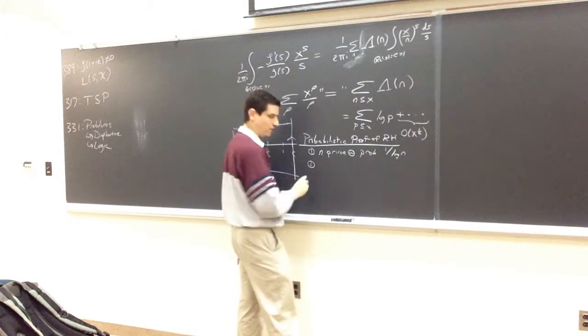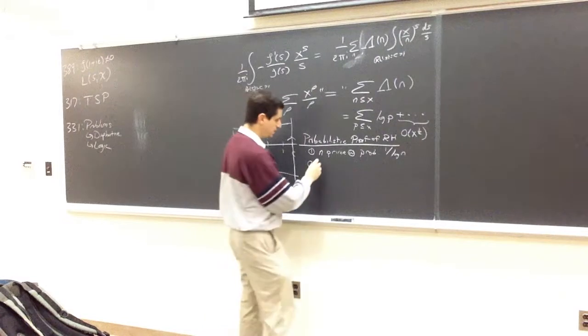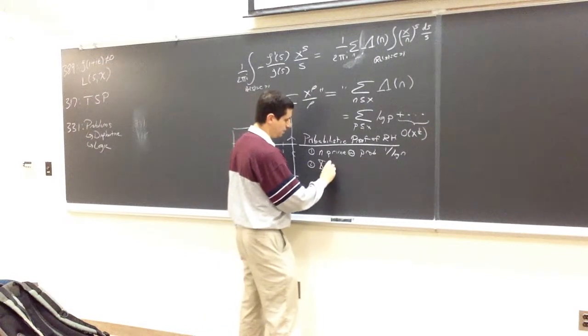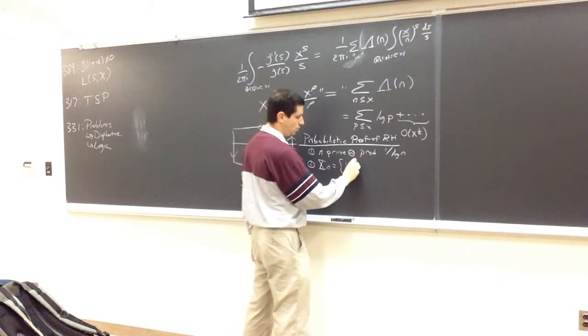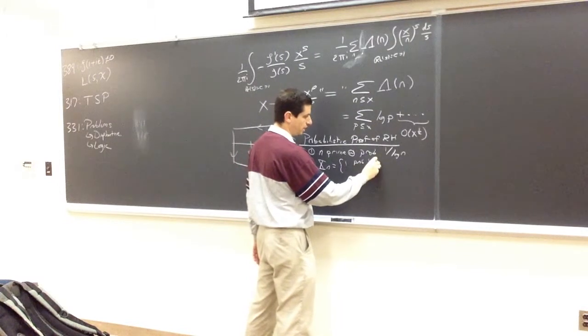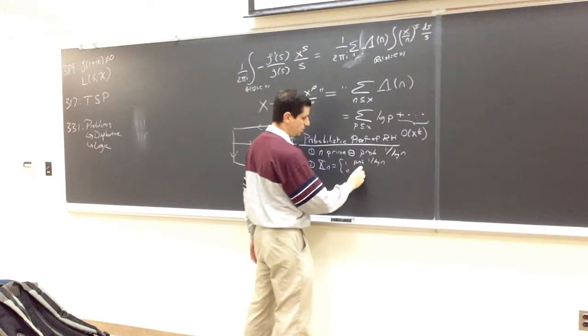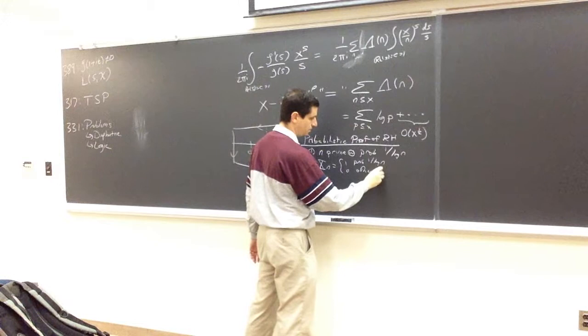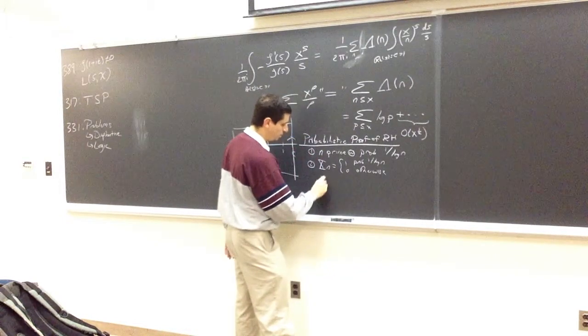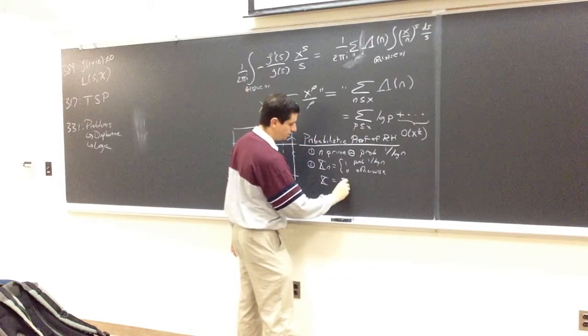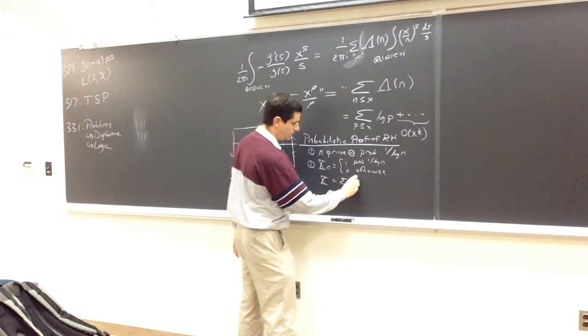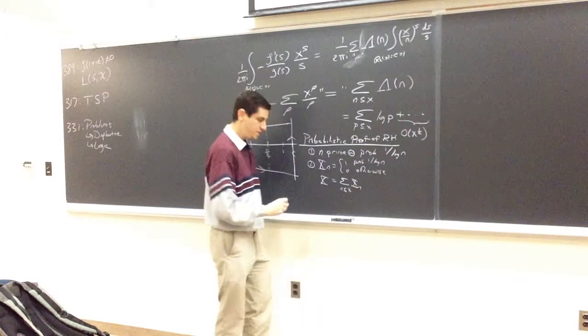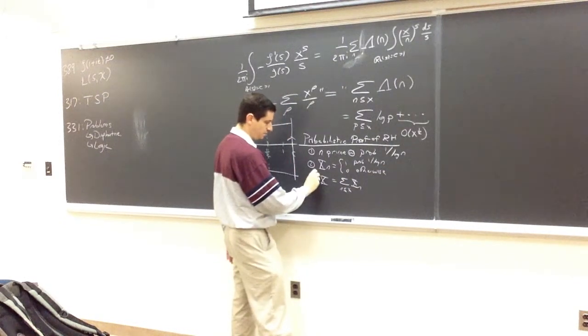So if you want to count the primes up to x, let x_n be 1 with probability 1 over log n, 0 otherwise. If we now look at the new variable X, which is the sum over n less than or equal to x of x_n, we can take the expected value of both sides.